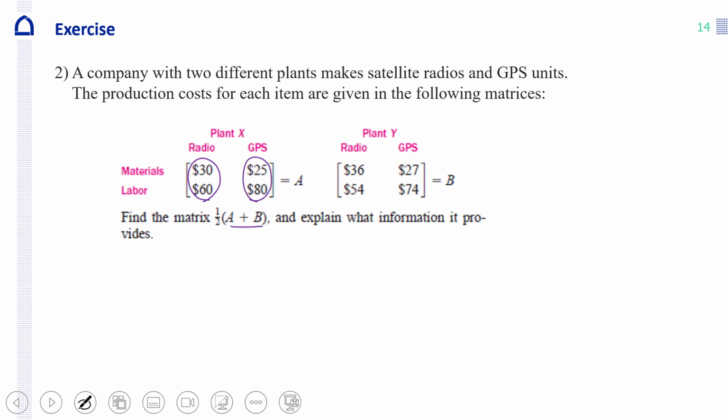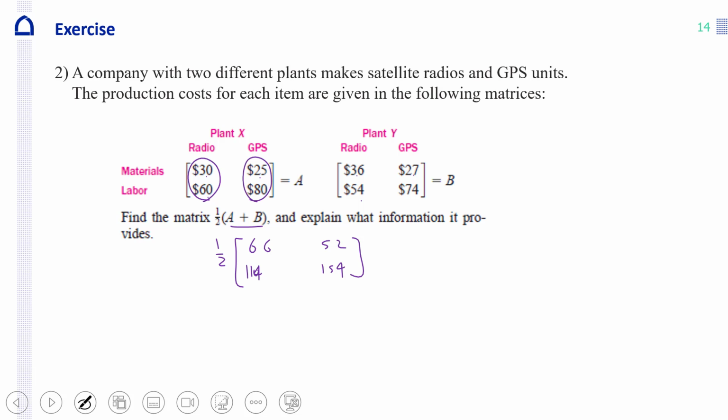So I have to add A plus B. Can I add A plus B? Yes, I can. 30 plus 36, 66. 25 plus 27, 52. 60 plus 54, 114, sorry. 80 plus 74, 154.